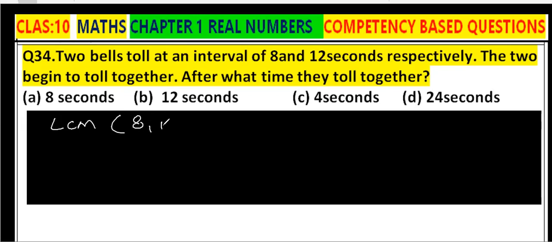LCM of 8 and 12, I think you can get, is 24. So they will toll together after how many seconds? After 24 seconds. जब ये बेल का क्वेश्चन आए तो स्टूडेंट आपको LCM फाइंड आउट करना चाहिए.